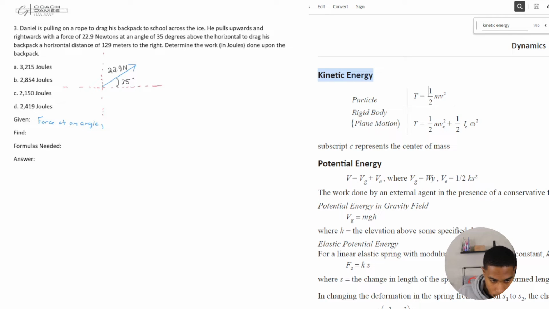We're given the horizontal distance that's moved. What else are we given? That's pretty much it. And then we're trying to find the work done on the backpack.